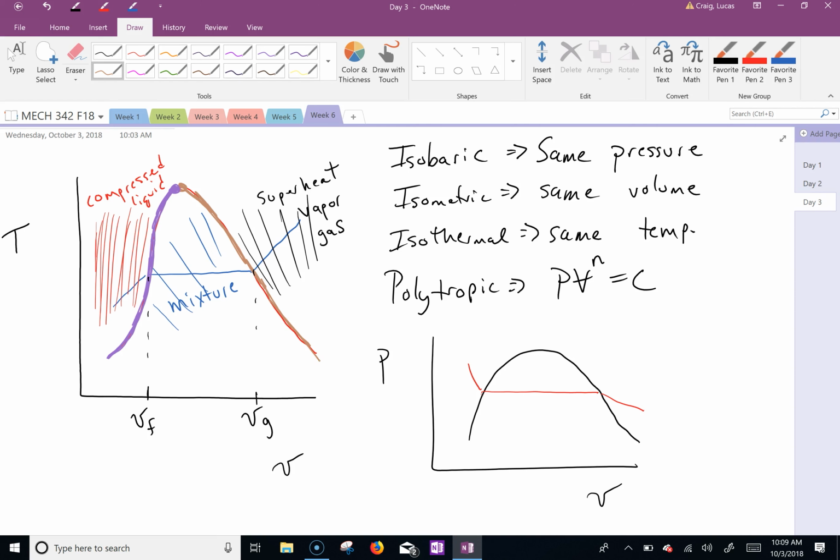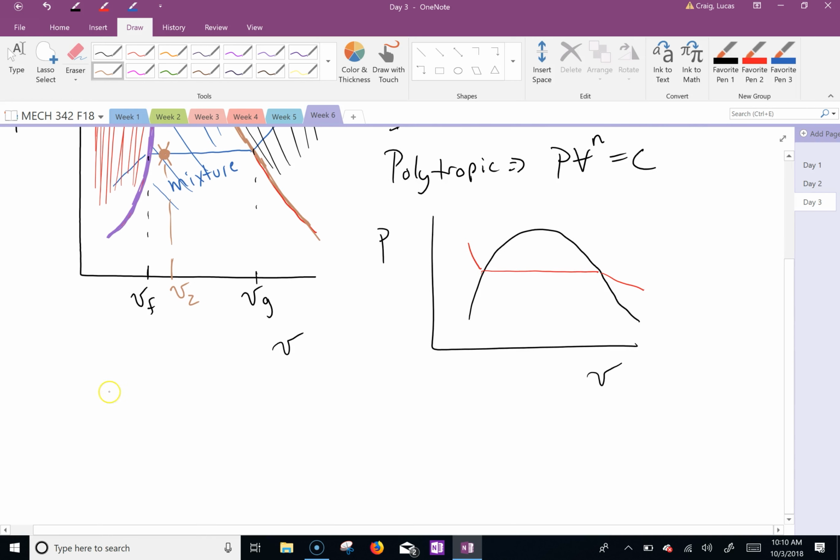Say I'm right here, and I call this, say this is at state 2. What do I need to know at that point to find our volume or enthalpy or whatever? Quality, yes. Quality is this X symbol, okay? So you have to know quality. How do you find it?